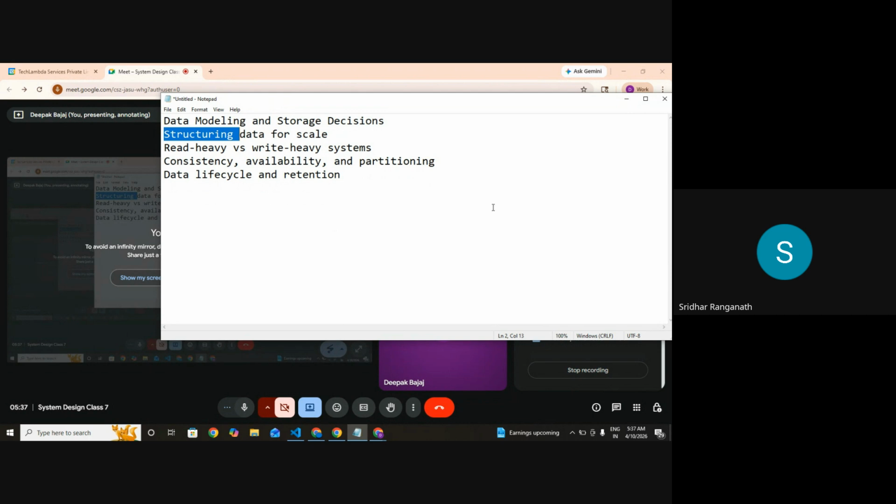One is partitioning, then indexing, then replication. In this way, I structure the data so that during scaling, it should not affect my operations. It has to work like how it is working for 100 users.